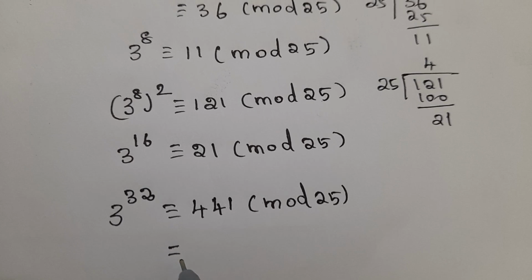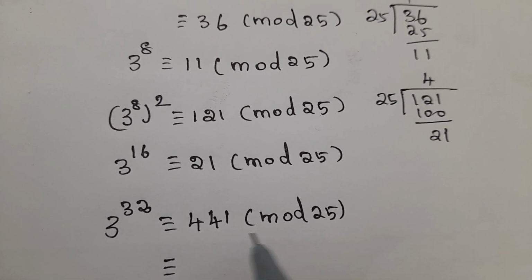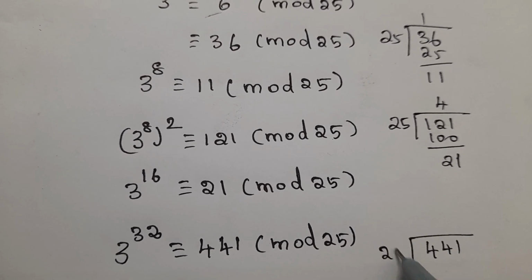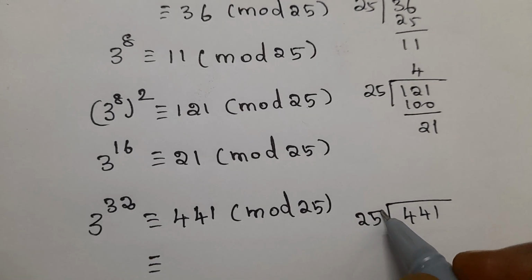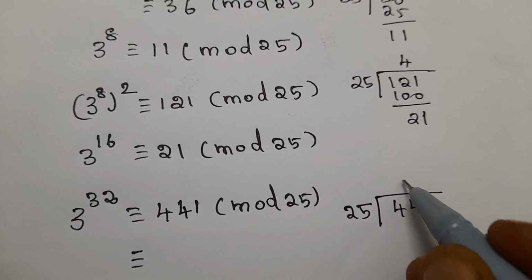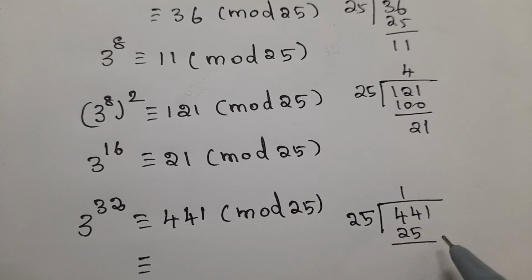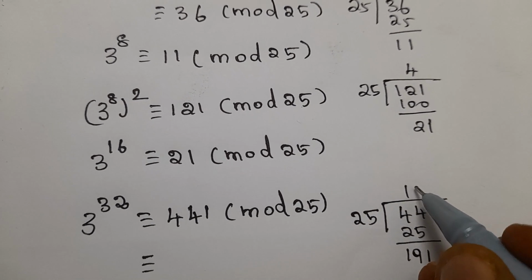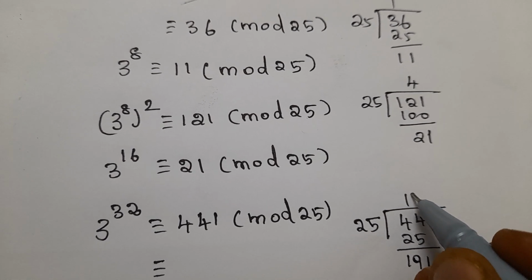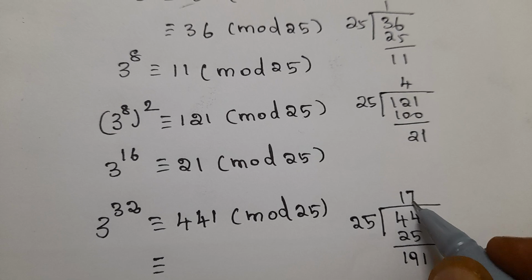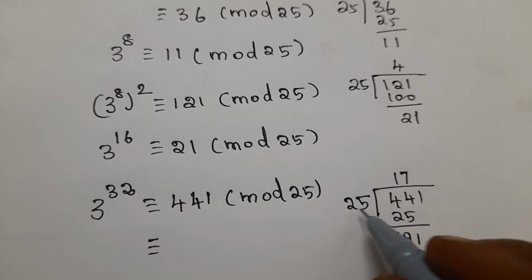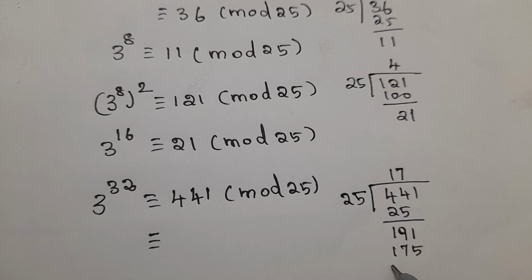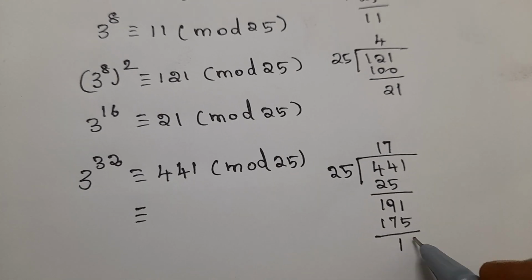In 441 we have to check how many 25s there are. 441 divided by 25: 7 25s are 175, and the remaining value is 16.